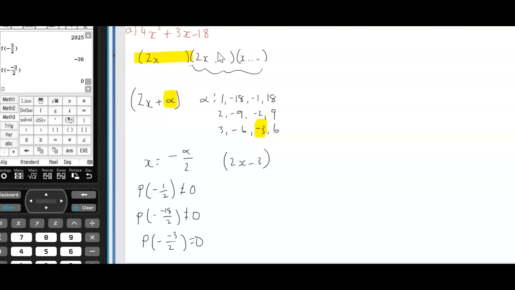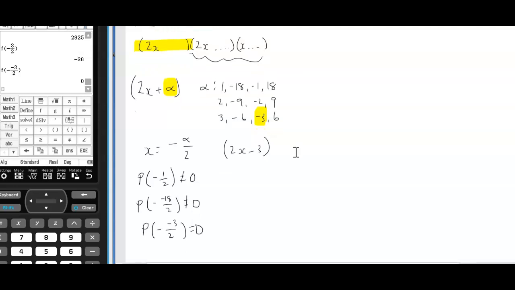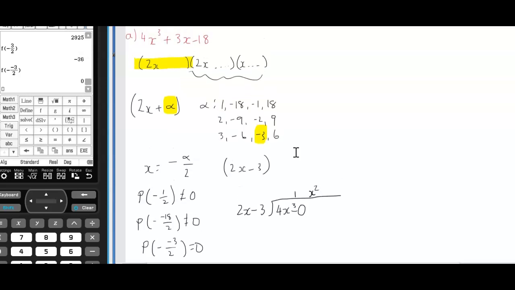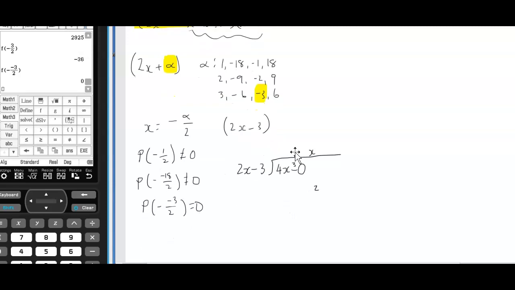Now to find the other factors, we need to divide that into our polynomial. This is going to take a lot of space. So 2x minus 3 into 4x cubed. We don't have an x squared, but we do have to consider it when doing our division.